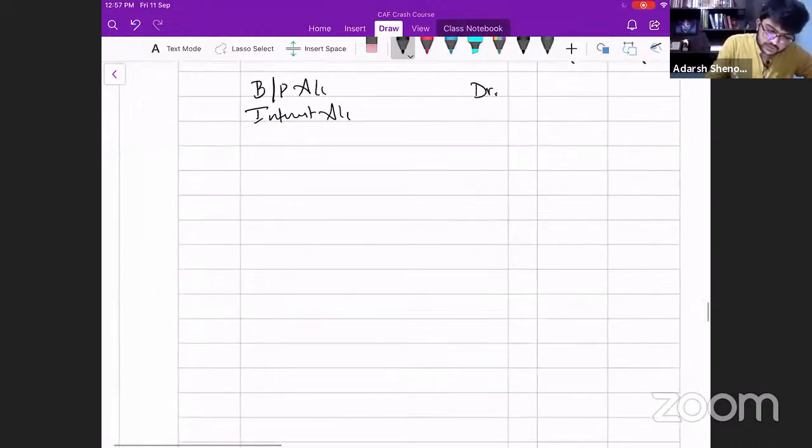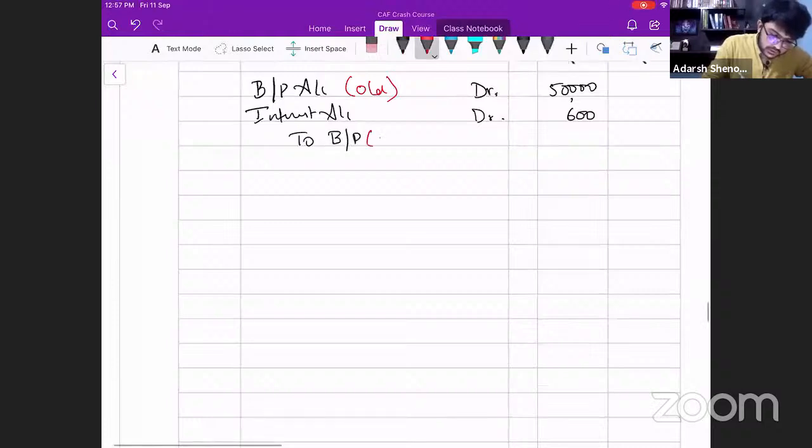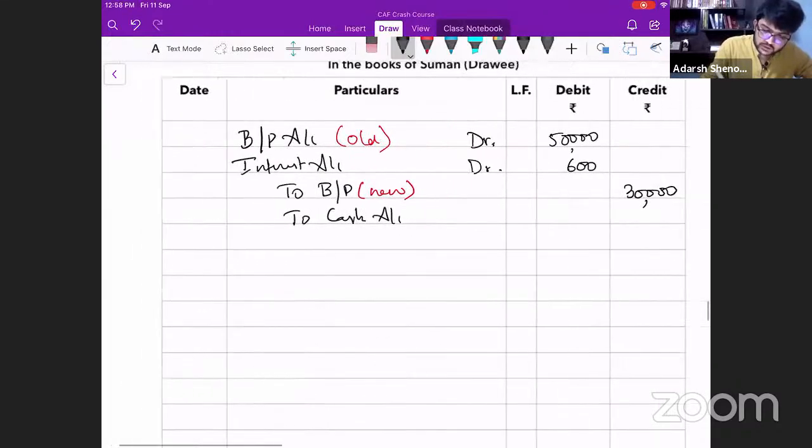This is an expense for us. Old bill 50,000, expenses 600. To bills payable, this is the new bill, 30,000, and I'm paying some towards cash or bank, which is 20,600.